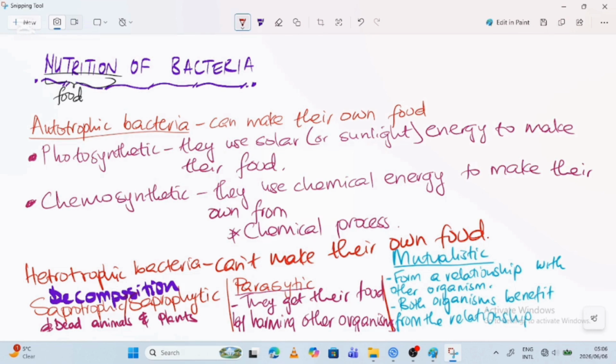Those are parasitic. So we also have saprotrophic, whereby these ones feed on dead animals and plants, which actually work when it comes to the decomposition processes. And then we also have the mutualistic type of bacteria, whereby these ones form a relationship with other organisms, whereby both organisms benefit from the relationship.